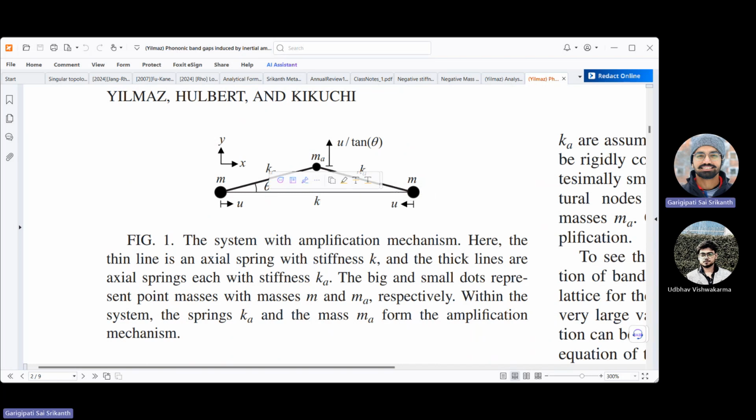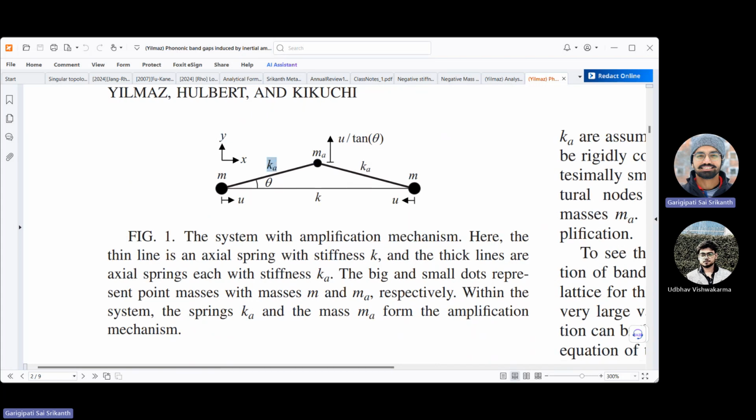What they say is if these move by u, then this moves by u by tan theta, which is again the same thing, just written in a different form. In our previous case, the Ka was infinity, so it was an absolutely rigid connection. Even in this paper, they show what happens if Ka is infinity, if it's considered rigid.